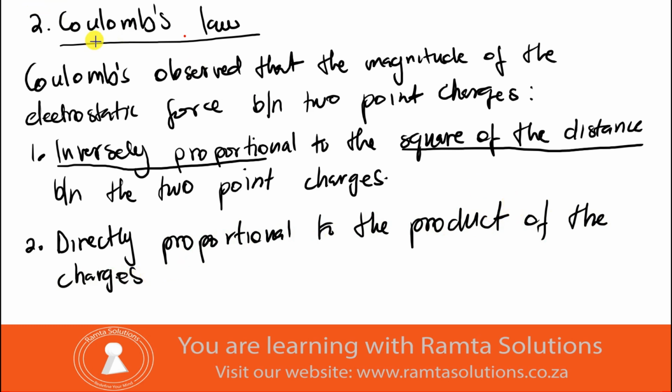So remember, Mr. Coulomb observed that the force is inversely proportional, let me write this as R, to the square of the distance between the 2 point charges. So F is inversely proportional to the square of the distance between them.